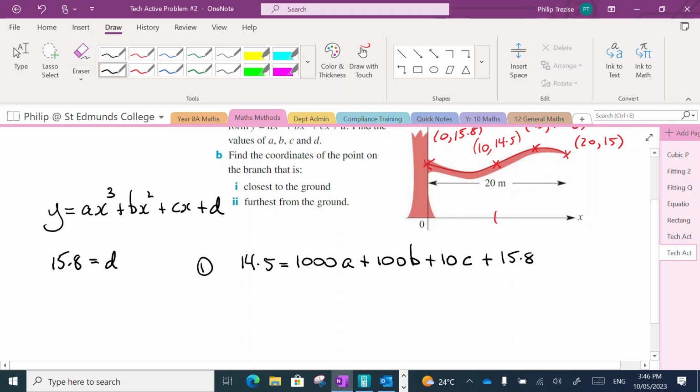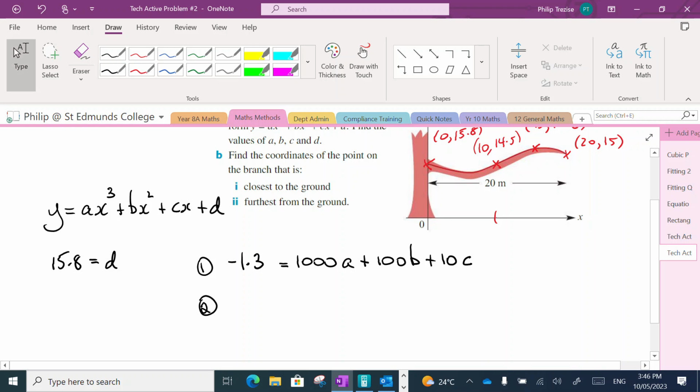I don't like the fact that there's a constant on the right and a constant on the left. Usually we group all the constants together. So I'm going to subtract 15.8 from both sides. If I subtract 15.8 from the right-hand side, it disappears. And if I subtract 15.8 from 14.5, I should end up with negative 1.3. That's a simplified version of that equation.